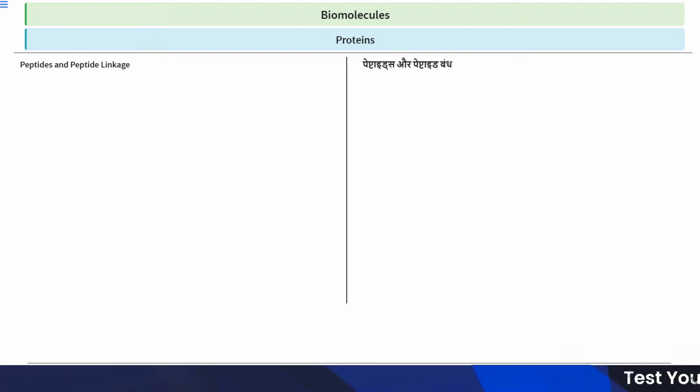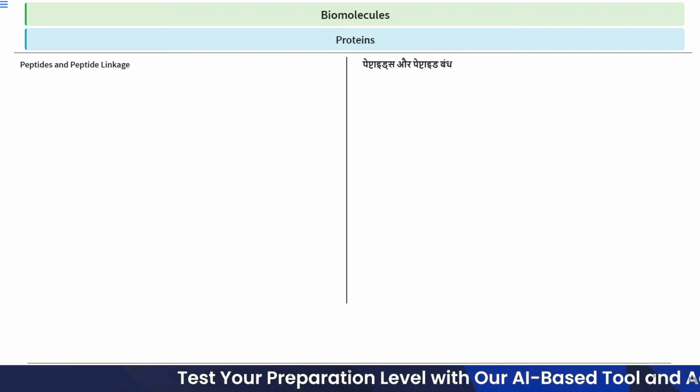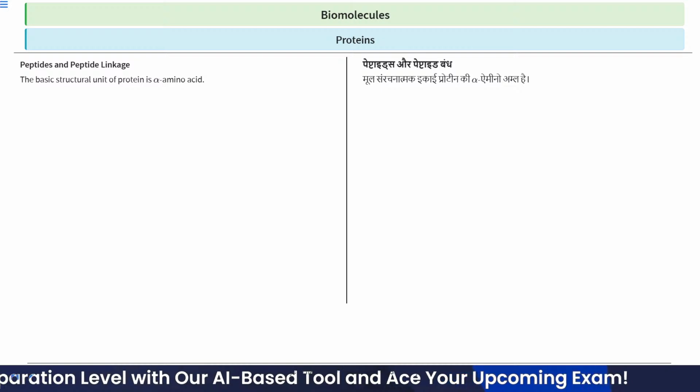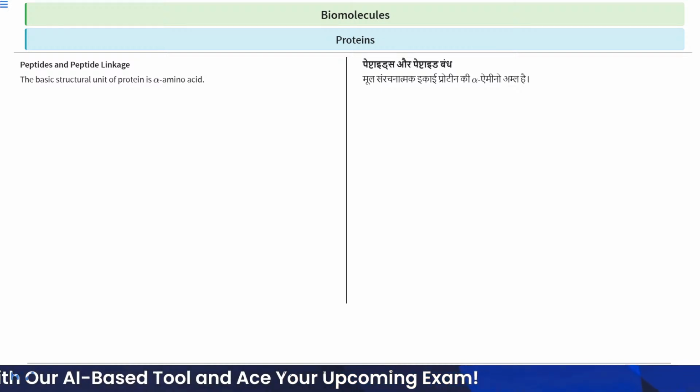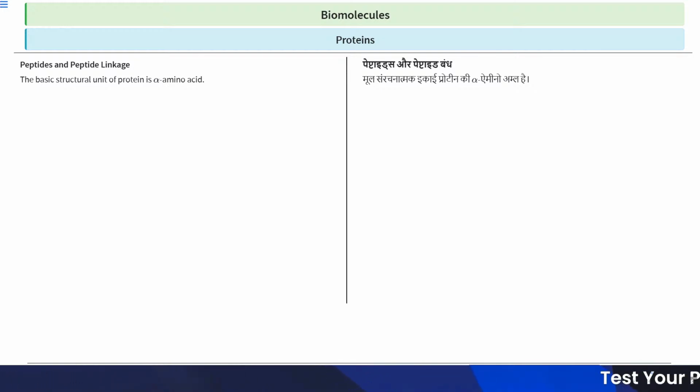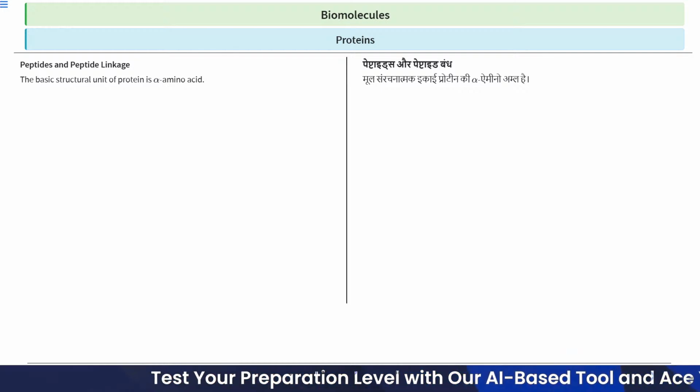Peptides and peptide linkage. So what are peptides and what is peptide linkage? The basic structural unit of protein is alpha amino acids, because proteins are polymers of alpha amino acids.